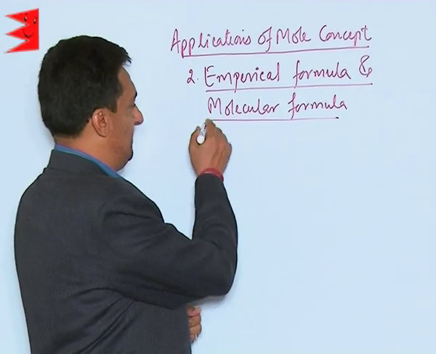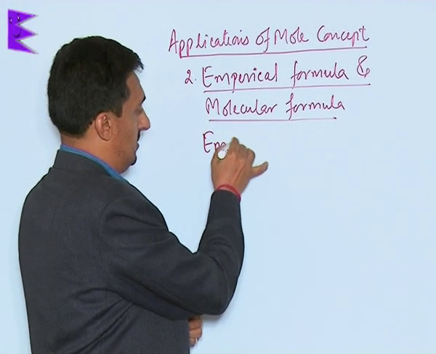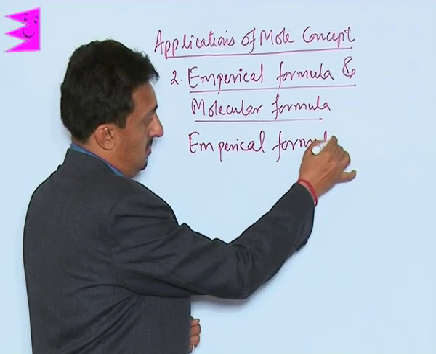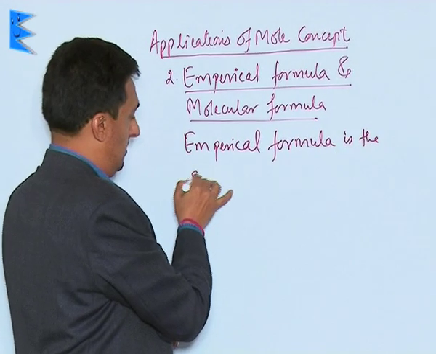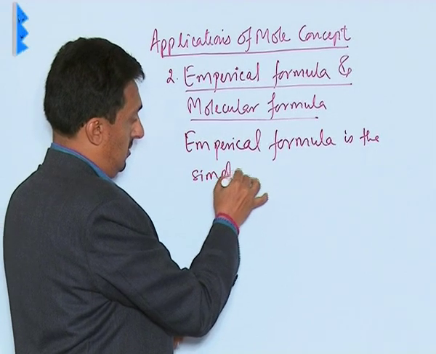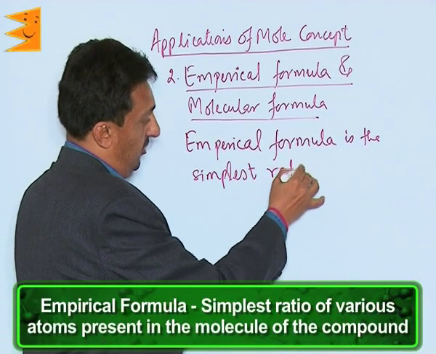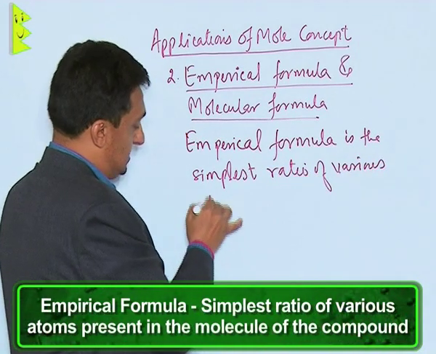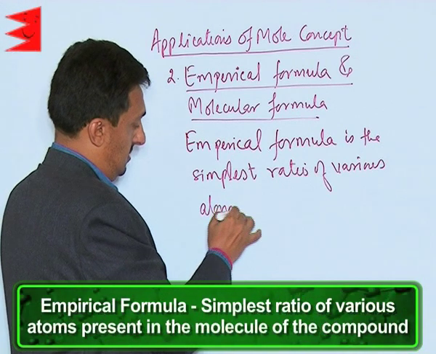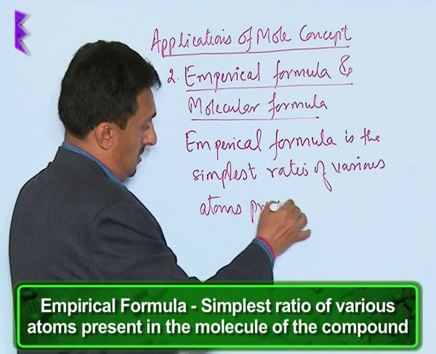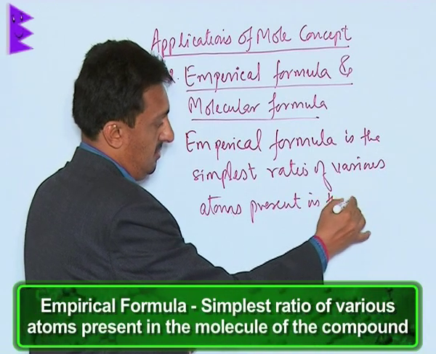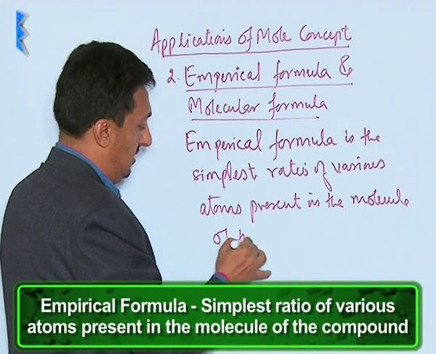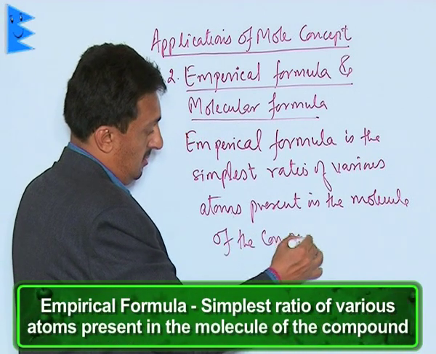See, empirical formula is the simplest ratio of various atoms present in the molecule of the compound.